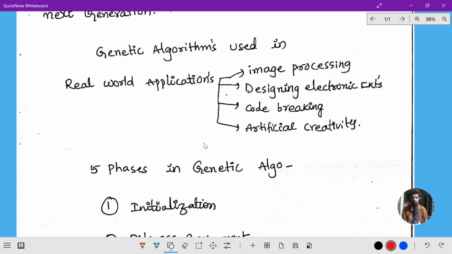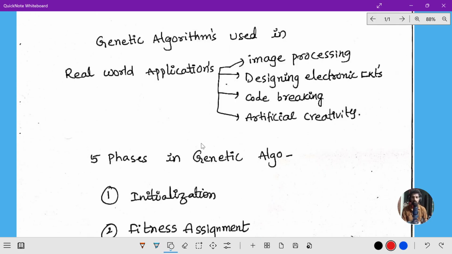Now we'll see the main purpose of this genetic algorithm. This is important. The real world applications of the genetic algorithm: the first one is image processing, the second is designing electronic circuits, the third is code breaking, and the fourth is artificial intelligence.